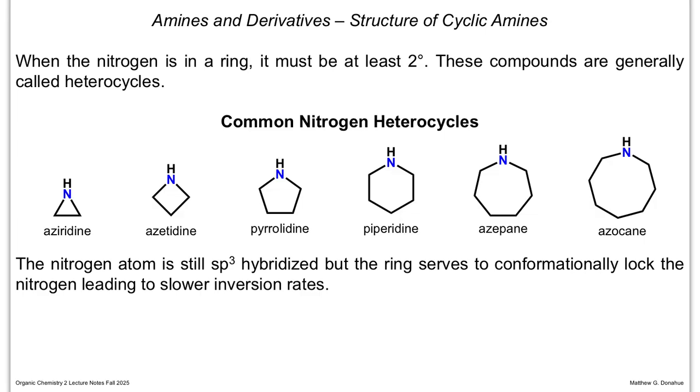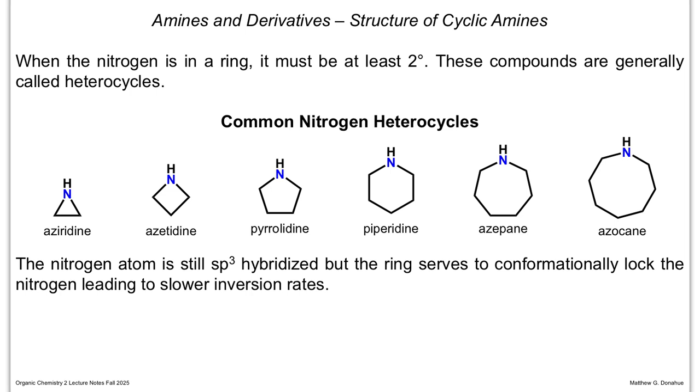Notice now when we get up to these secondary amines, they don't have a separate name. When we took the H of an alcohol and put a carbon on there, we called that an ether.